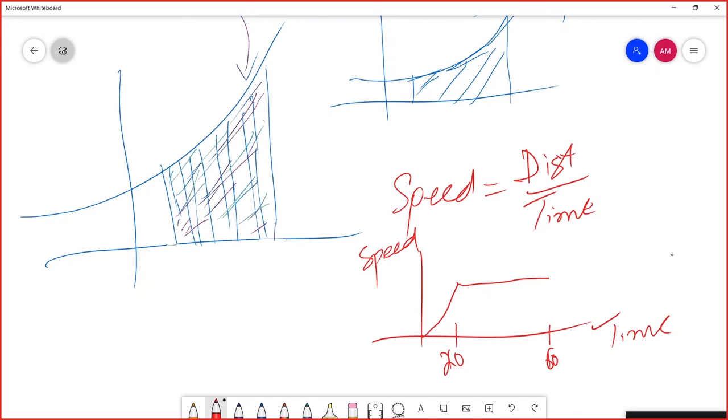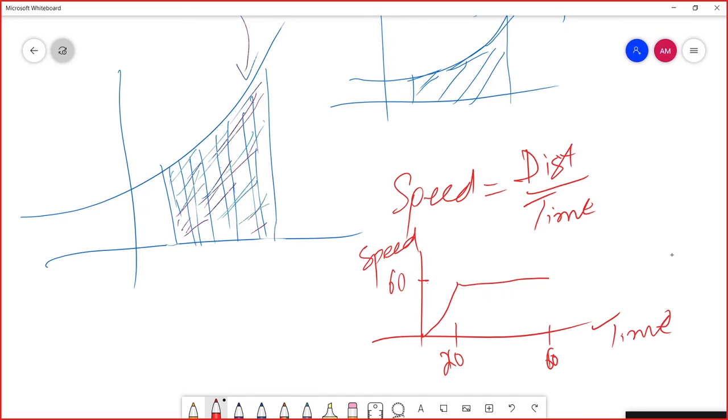So maybe somebody has a car, and this is our time. At 0 he starts the journey, right? Can you tell me what's happening? It's increasing and then it's not changing.